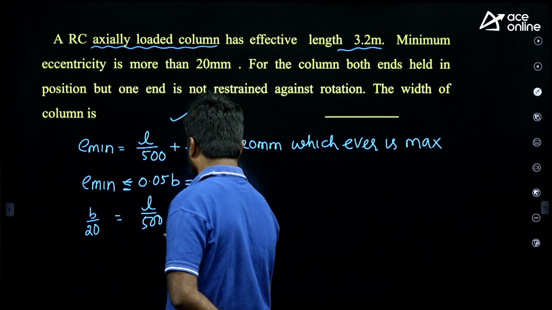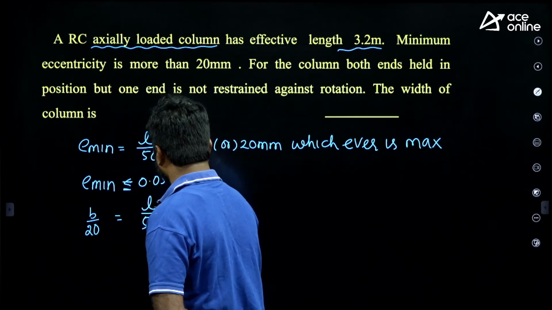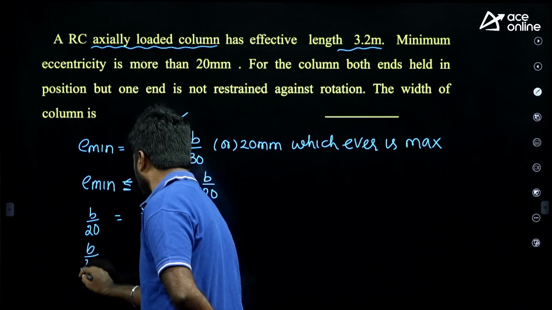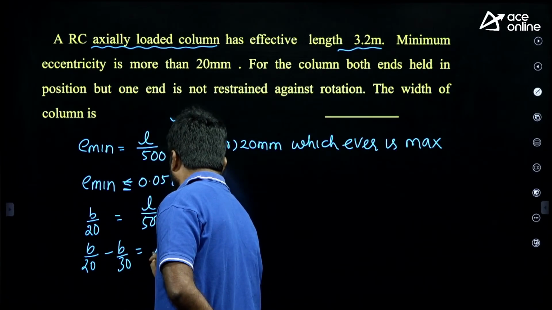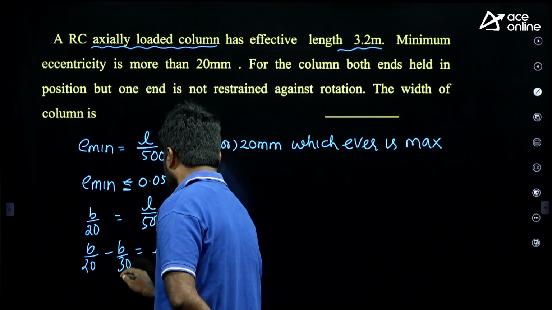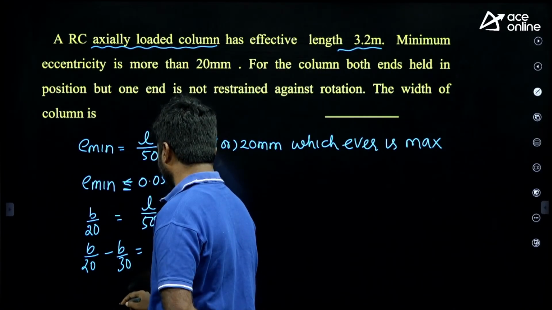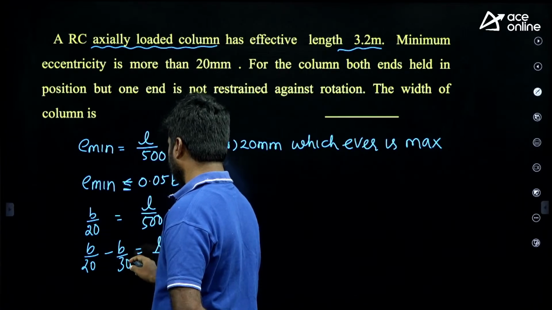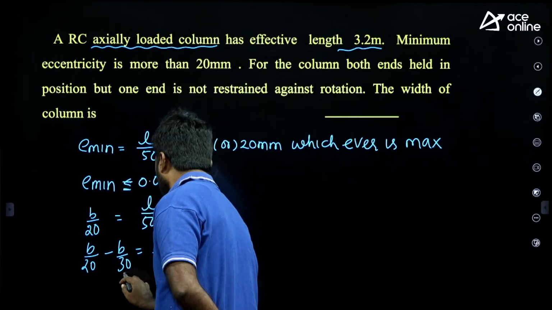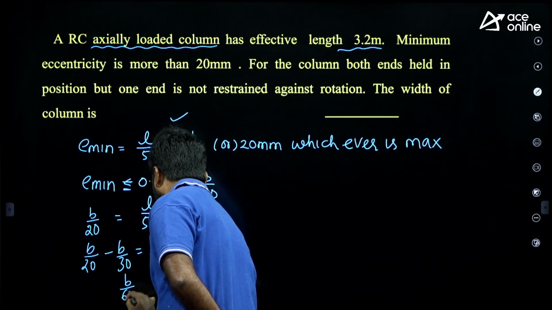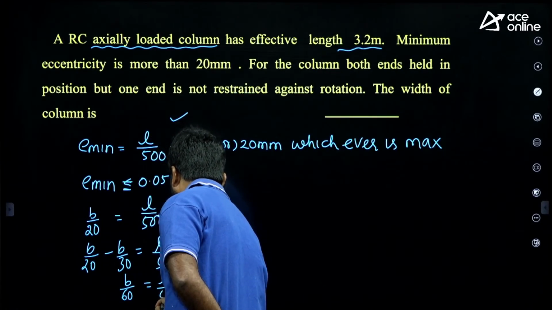Now send B by 30 to the left hand side: B by 20 minus B by 30 equals L upon 500. So 30 minus 20 is 10, 10 by 600, so B by 60 equals L upon 500.